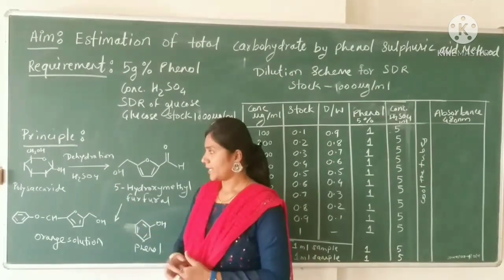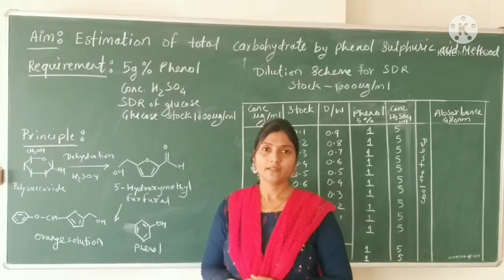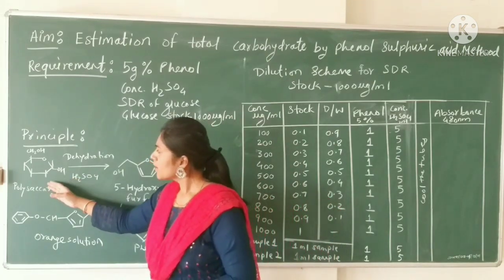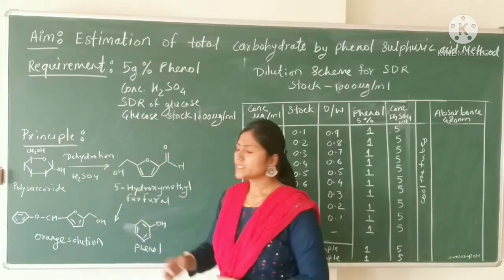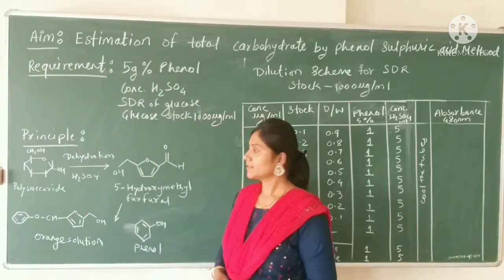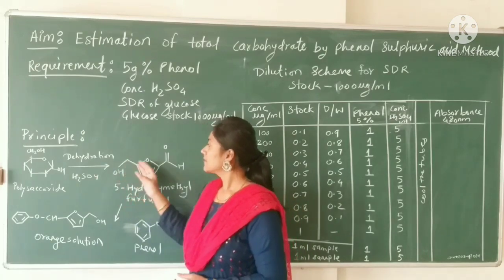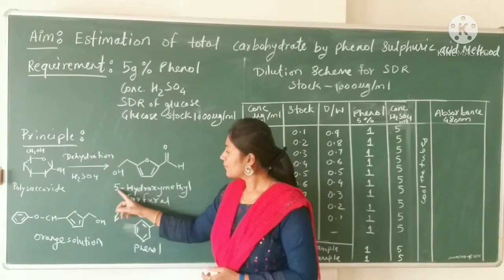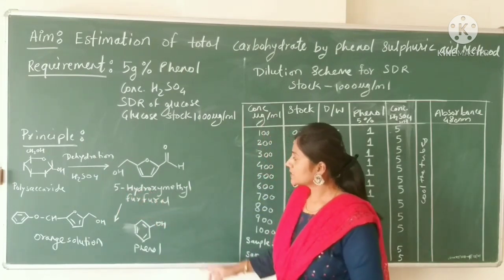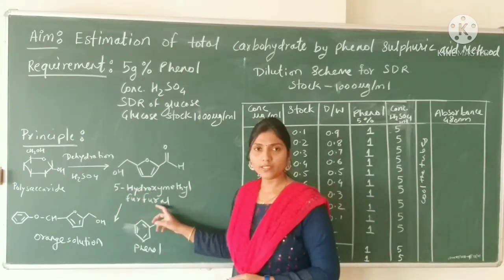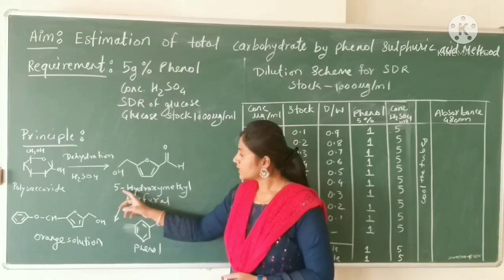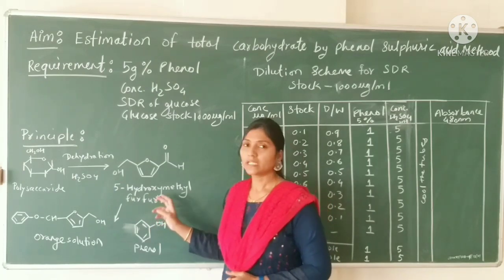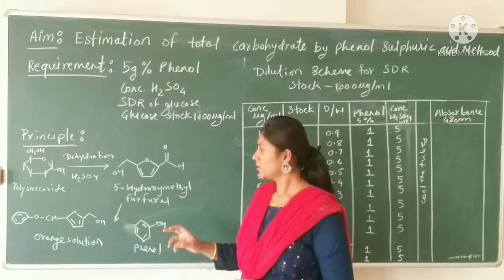Whatever carbohydrate is there in your unknown sample, that polysaccharide, in the presence of sulfuric acid, gets dehydrated. So a dehydration reaction will take place and 5-hydroxymethyl furfural is produced in hot acidic condition.